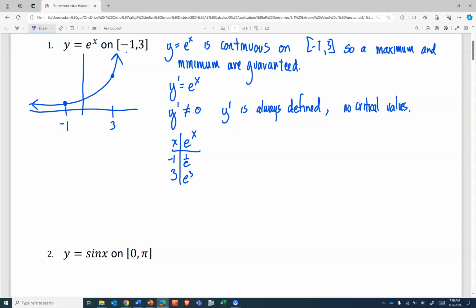And then y equals e to the x on -1 to 3, because that's the only reason we get a maximum and a minimum.